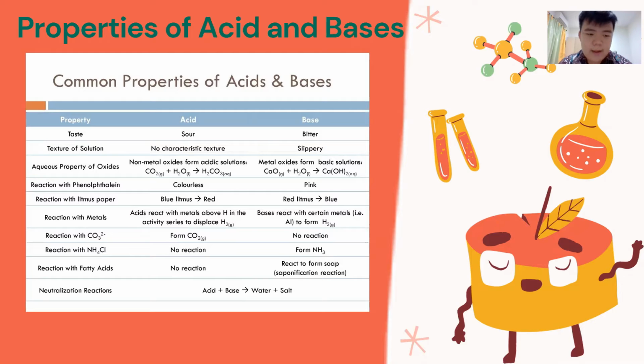When reacting with metals, acid reacts with metals above H, or hydrogen, in the activity series to displace hydrogen gas, while base reacts with certain metals such as aluminum to form hydrogen gas. And there are many other properties that we can see here.